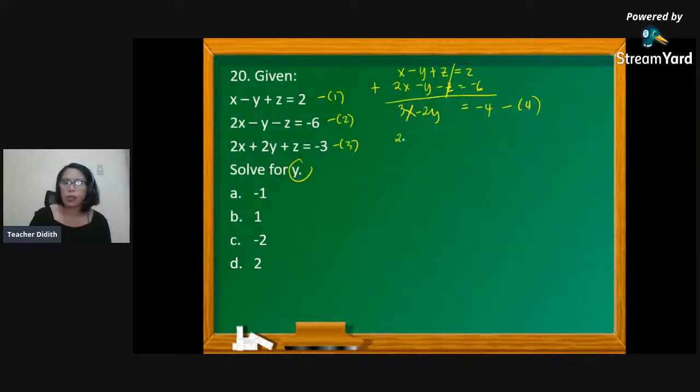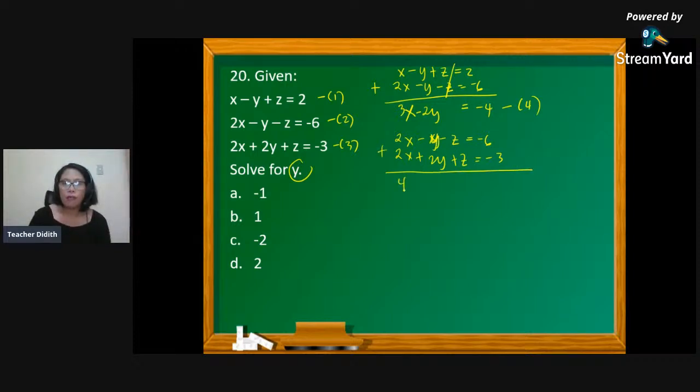So if we choose 2 and 3, we have 2x minus y minus z equals negative 6, and then 2x plus 2y plus z equals negative 3. And then we will perform addition. So this is 4x plus y, cancelled, negative 9. So this is equation 5.